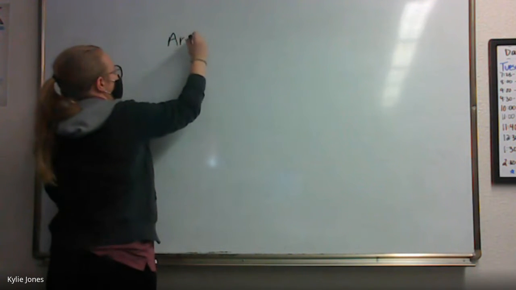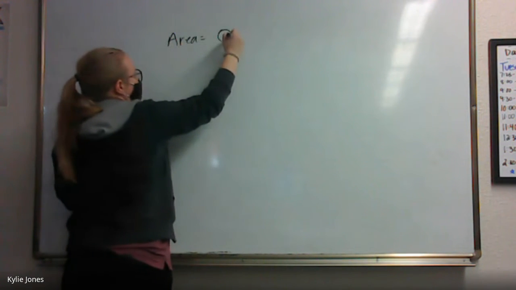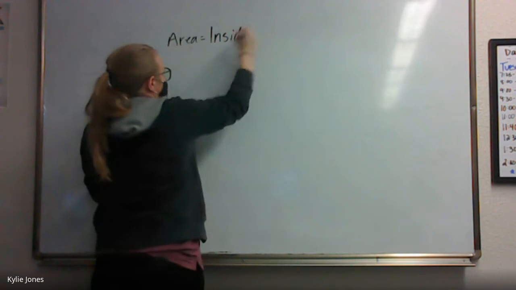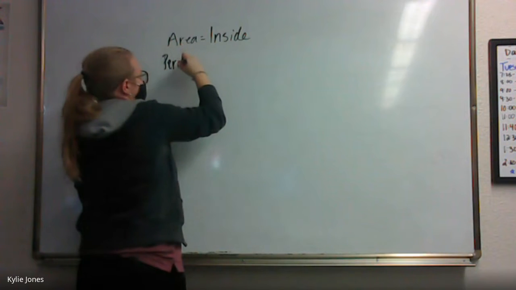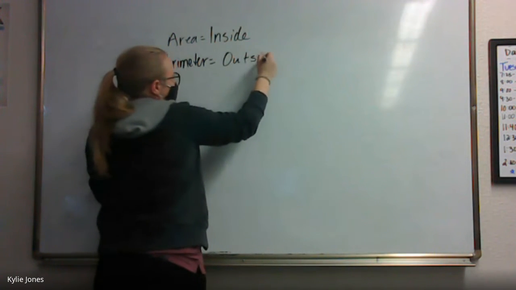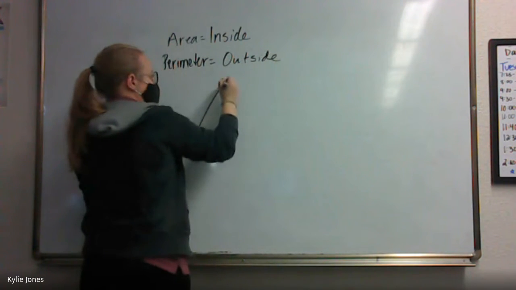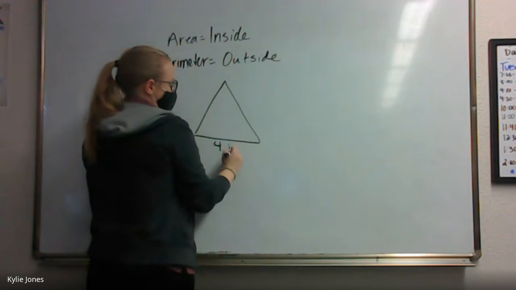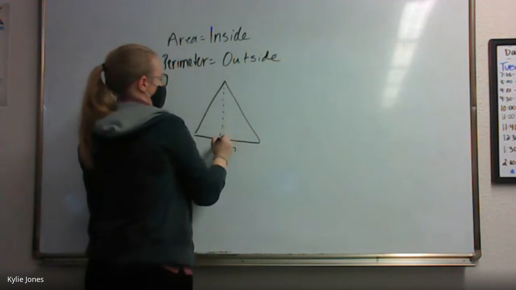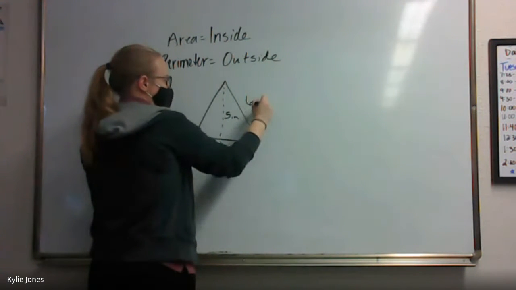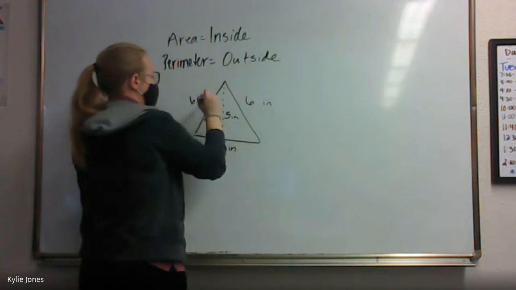Remember, area is the inside, and then perimeter is the outside. Okay, so if I give you this triangle and I say this is 4 inches, and here is 5 inches, and the outside is 6 inches and 6 inches.